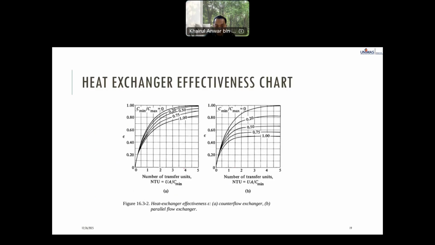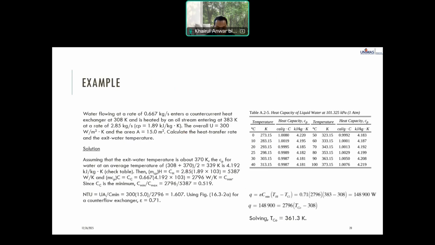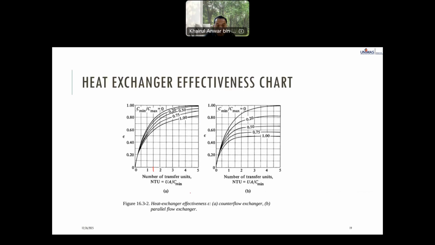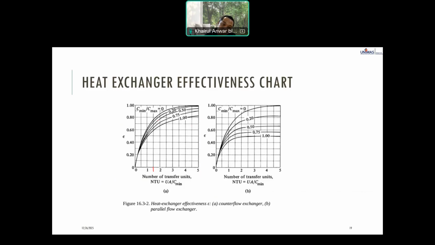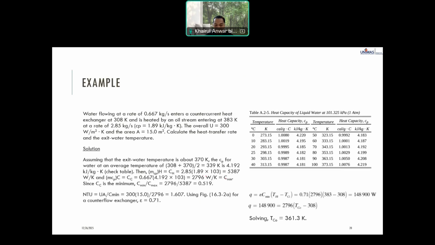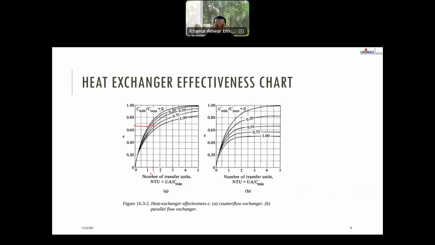And C min over C max is 0.519, about 0.5. So the effectiveness is about 0.71, or 0.7.